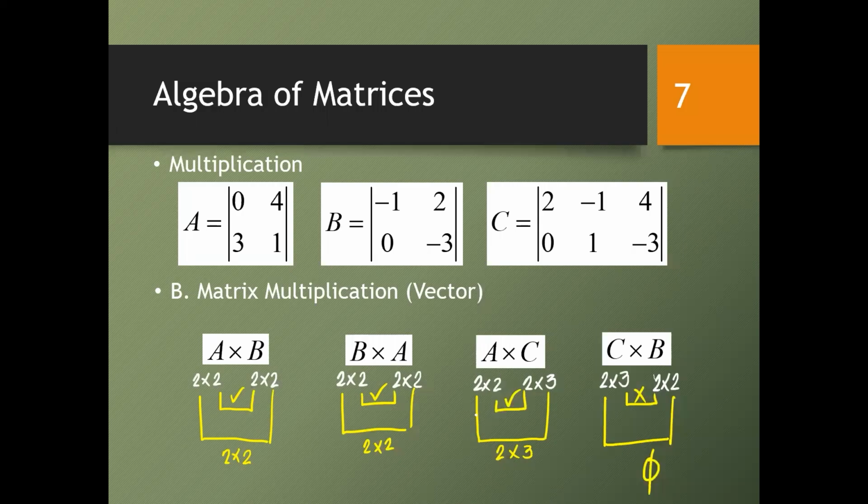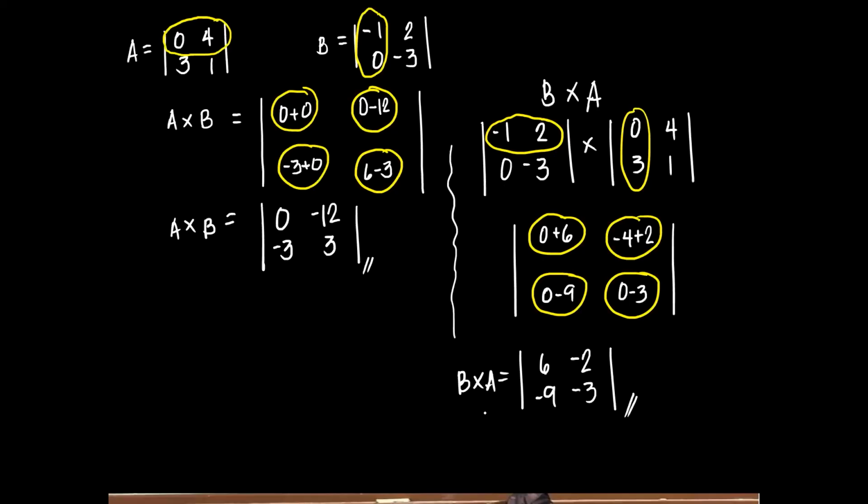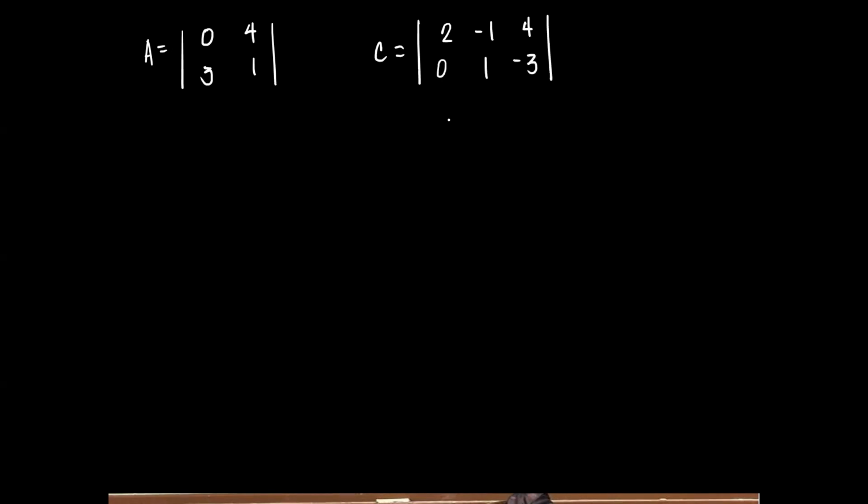Next. For example, if I ask you A by C, I said earlier, A by C can be multiplied. Sorry. A has elements 0, 4, 3, 1. C has elements 2, -1, 4, 0, 1, -3.